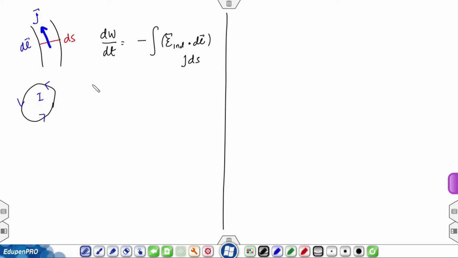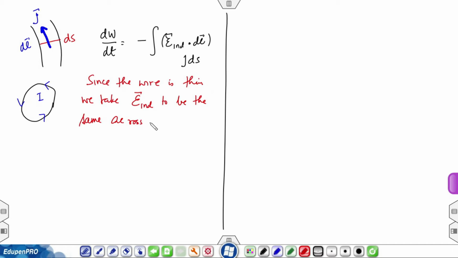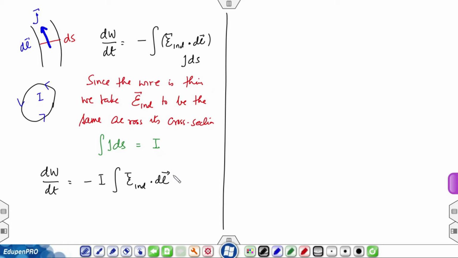Since the wire is thin, it is very thin, cross sectional area is very small, we take E induced to be the same across its cross section, and j ds is nothing but the current I, and therefore, I can write dW dt is equal to minus I integral E induced dot dl, and this dl is over the entire loop.